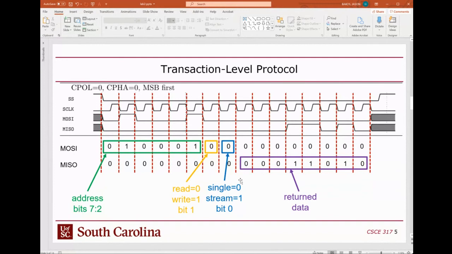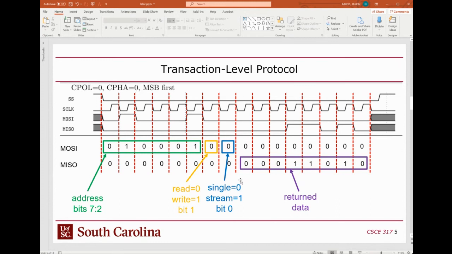Okay, and then bit 0 in the first exchange designates whether this is a streaming or a single transaction. If it's a single transaction, the master would have a 0 in this bit position, and that would mean it intends to read or write 1 byte.